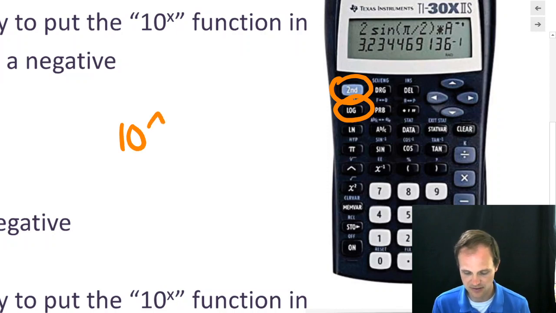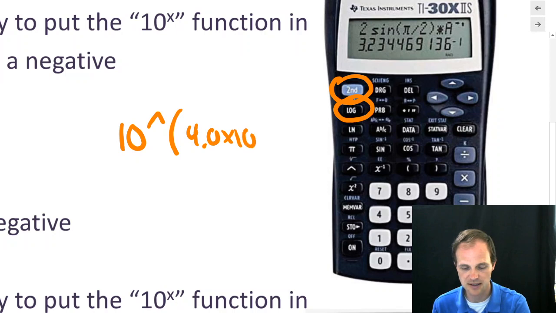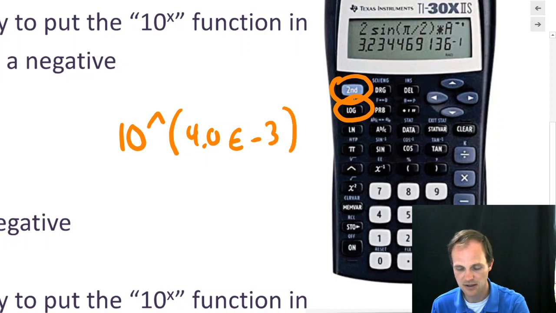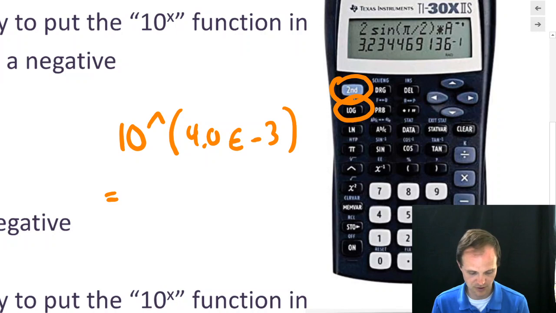So let me do that. 10 caret parentheses. Then I just type in my concentration, 4.0 times 10 to the minus 3, where times 10 to the minus would be E, right? 4.0 E minus 3. And then I hit enter, and I get my answer, 4.0.